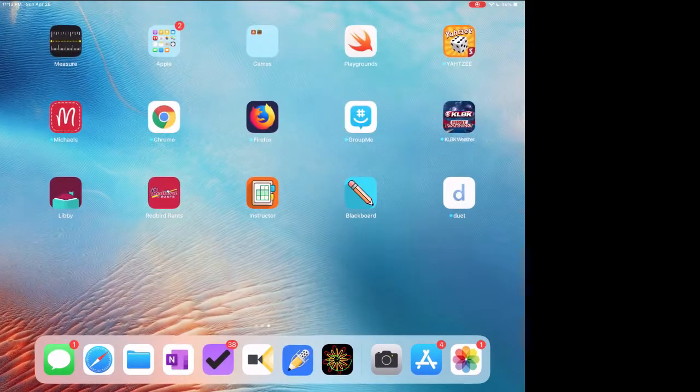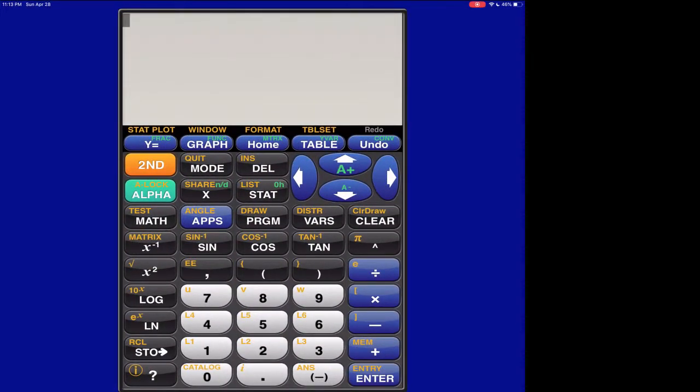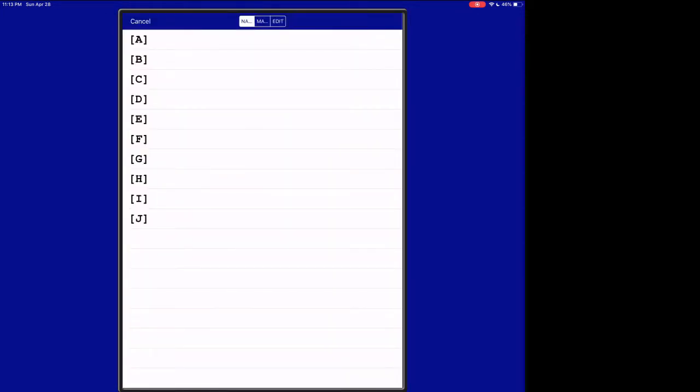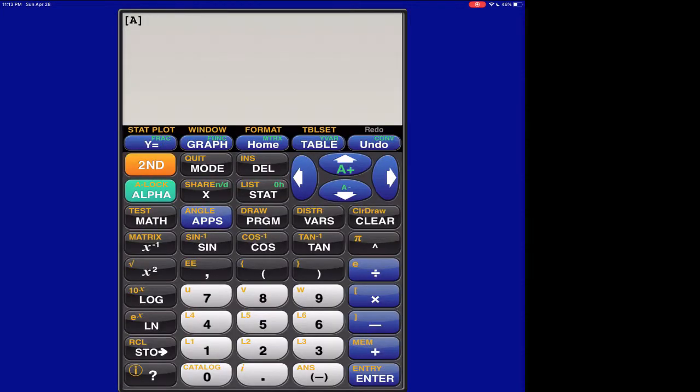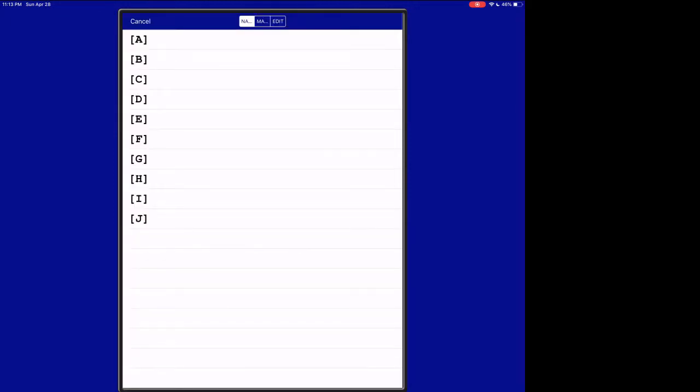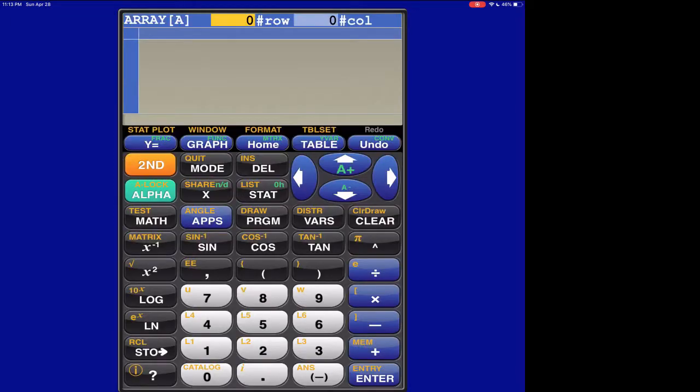Well, real easily. I'm going to go in here and do the second matrix. Clear. Second matrix, edit, A. And this is going to be a 2 by 3.